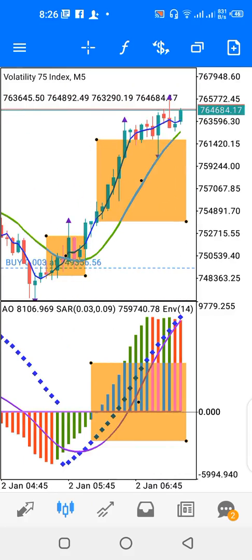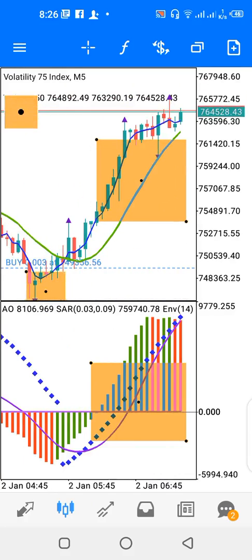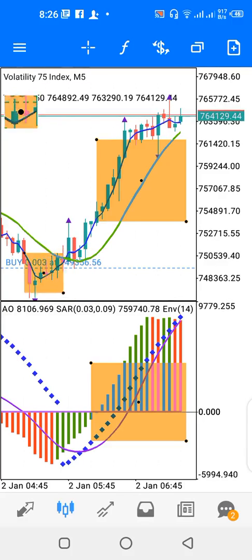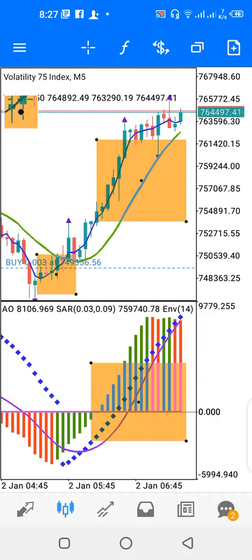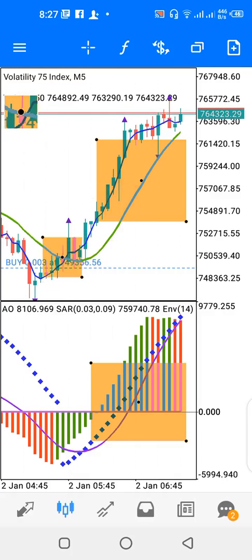Like as you can see, price moved away here up to this point. Then you can count 1, 2, 3, 4, at least 3 to 4 candles before the cross. If you have at least 3 to 4 candles of price moving away from the green Bollinger Bands before the cross, then that can give you a good signal that you can follow that cross.